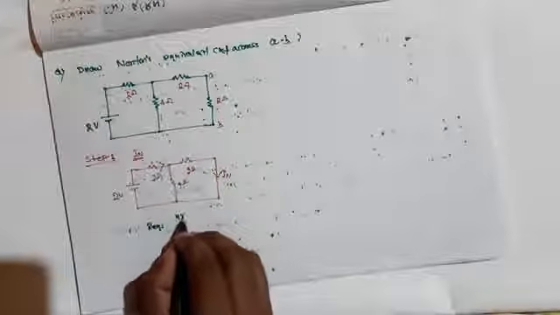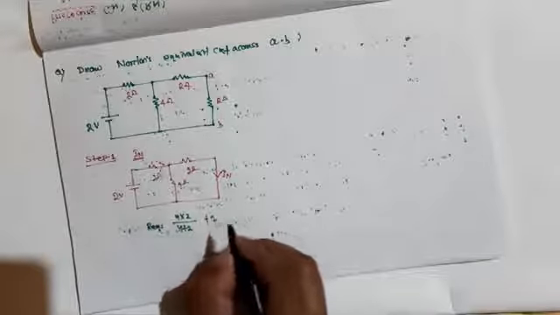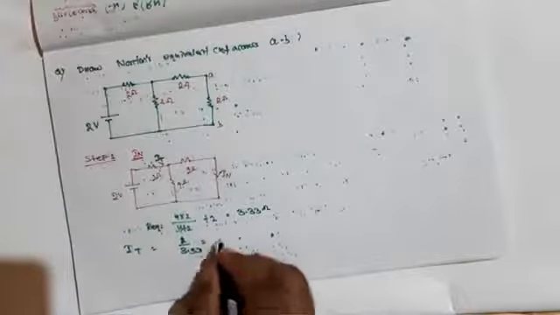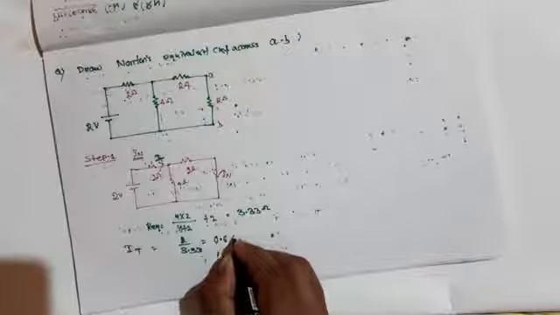R equivalent is 4 parallel 2, that is 4 into 2 divided by 4 plus 2, then plus 2, which is 3.33 ohm. Then I total equals 2 by 3.33, which is 0.6 ampere.